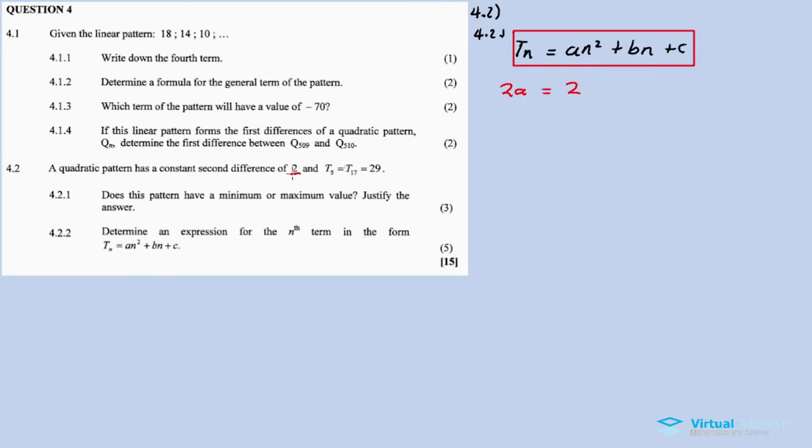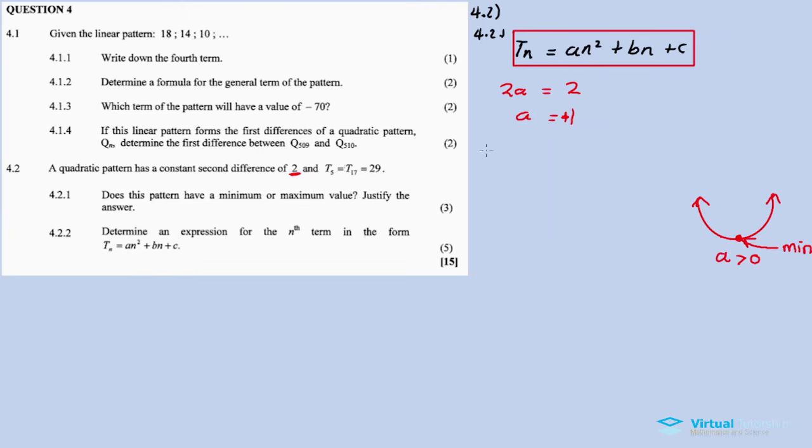Since we were given the common difference as 2, the 2a is always equal to the second common difference. Now divide both sides by 2, I get a is equal to 1. And looking here, a is in fact positive 1. So it means what? If a is greater than 0, we have a minimum.